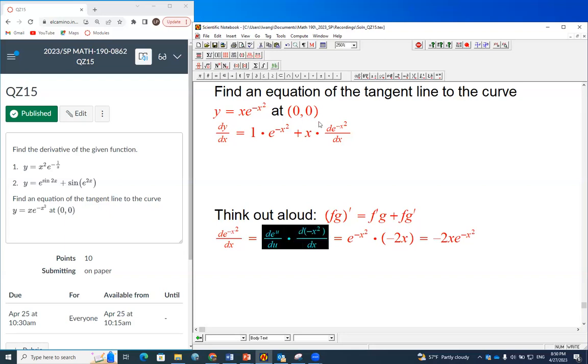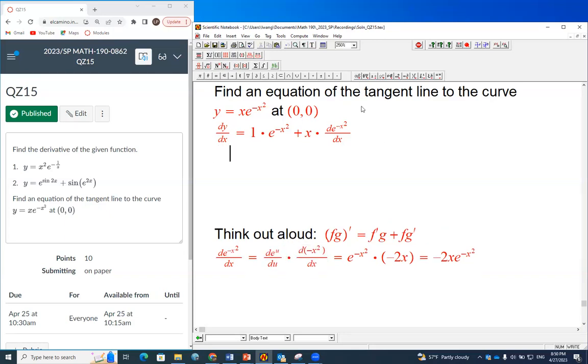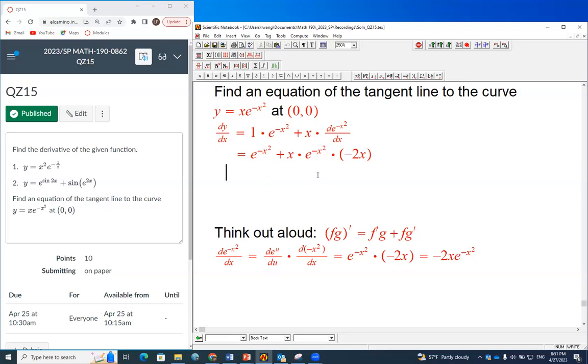You can put this piece in there, or you can just write it down like this. The derivative over here, that's e to the power negative x squared plus x multiplied by what we got here. Okay. Or you can just put this over here.